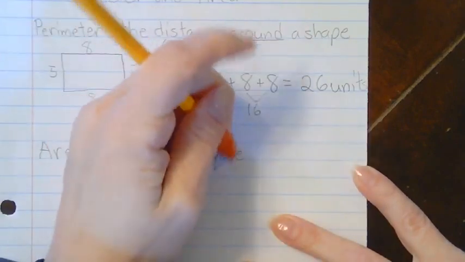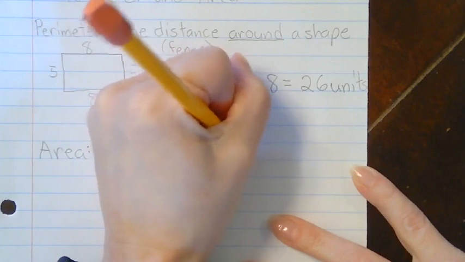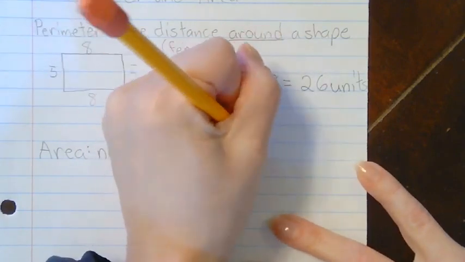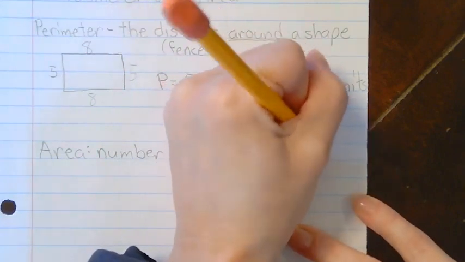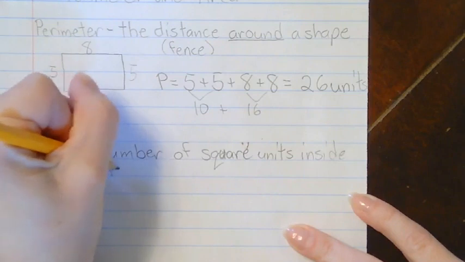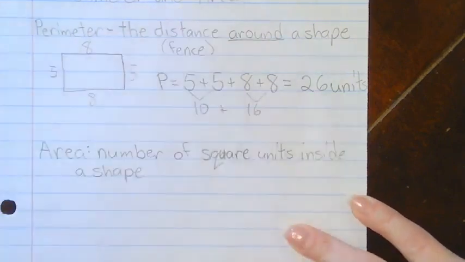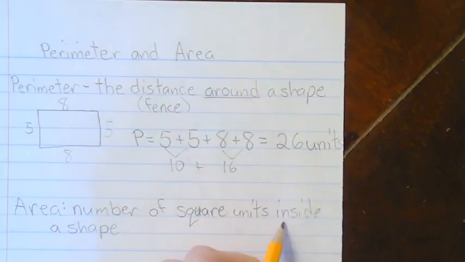And this is going to be important for you guys to see. Now remember, the perimeter was the distance around, where this one is inside the shape.